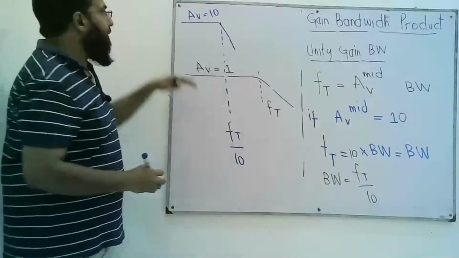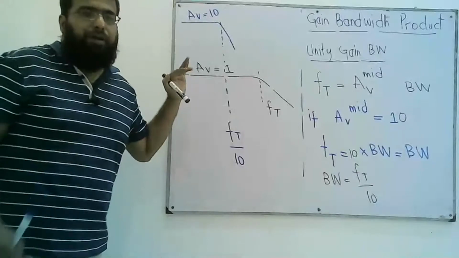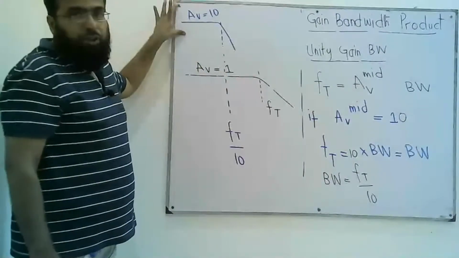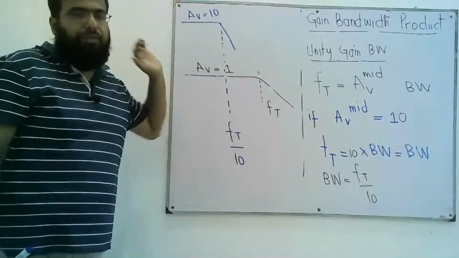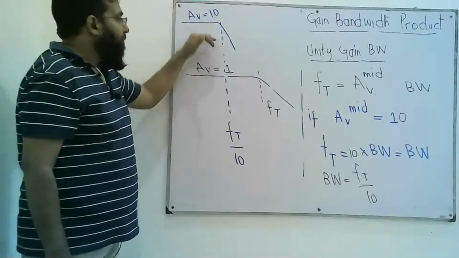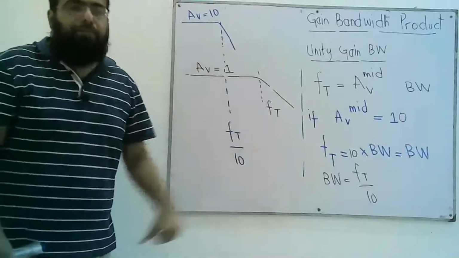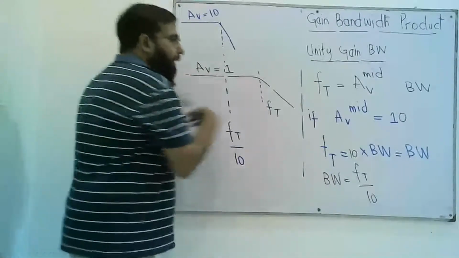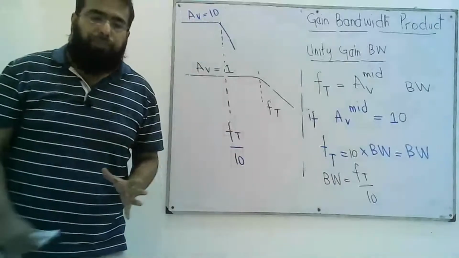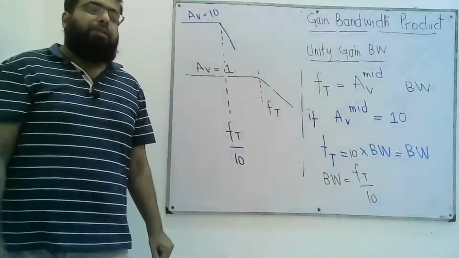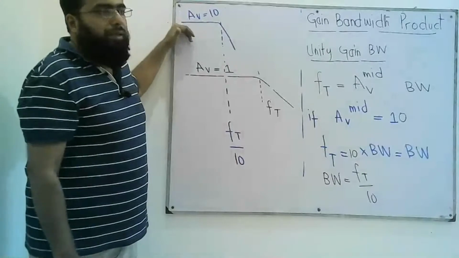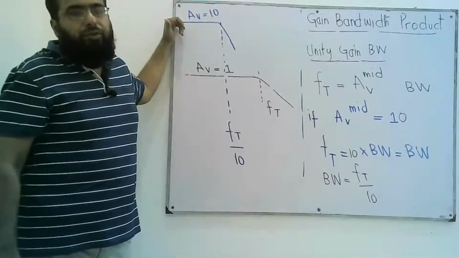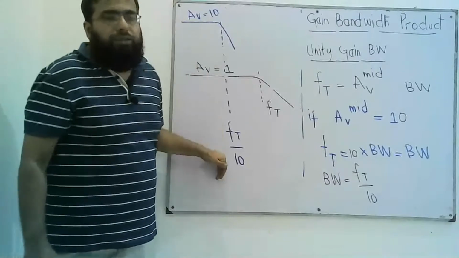So if we have designed this amplifier for a higher gain, AV equal to 10 for example, we cannot achieve larger bandwidth. But if we design it for a lower gain, we can have a larger bandwidth to operate. So it's a compromise. If you want a higher gain amplifier, you cannot have larger bandwidth.